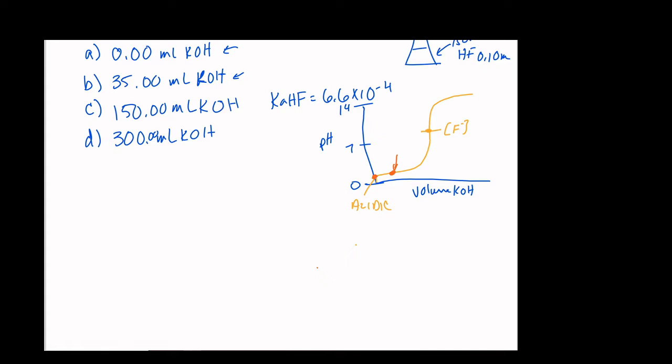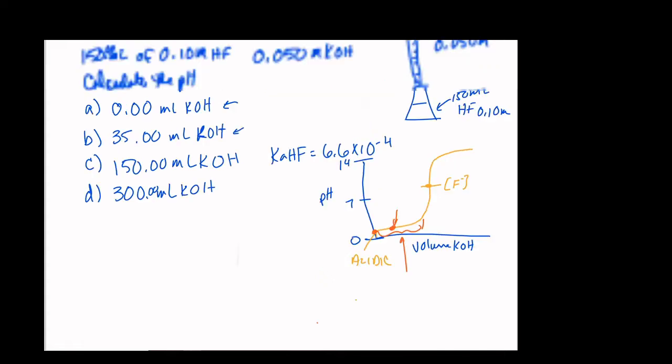Now, what is governing the pH calculation right here? This region where we're going from a small amount of base to the equivalence point, we have some acid and its conjugate base, right?